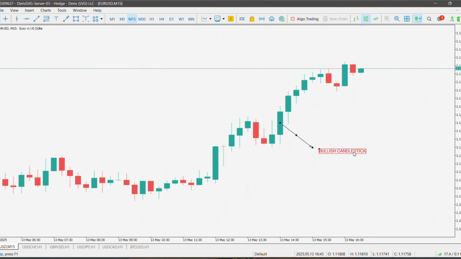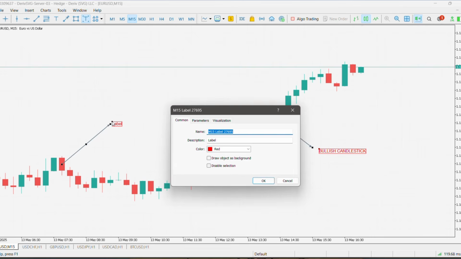And this is what we call a bearish candlestick. I want to have my text over here. Bearish candlestick. Right.